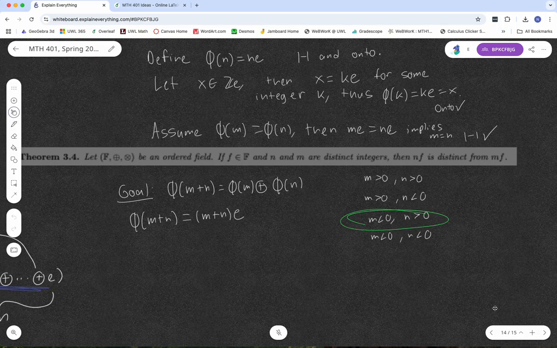So m is less than 0 and n is greater than 0. This is hard because now I'm looking at m plus n, and it depends on if m plus n is positive or negative.